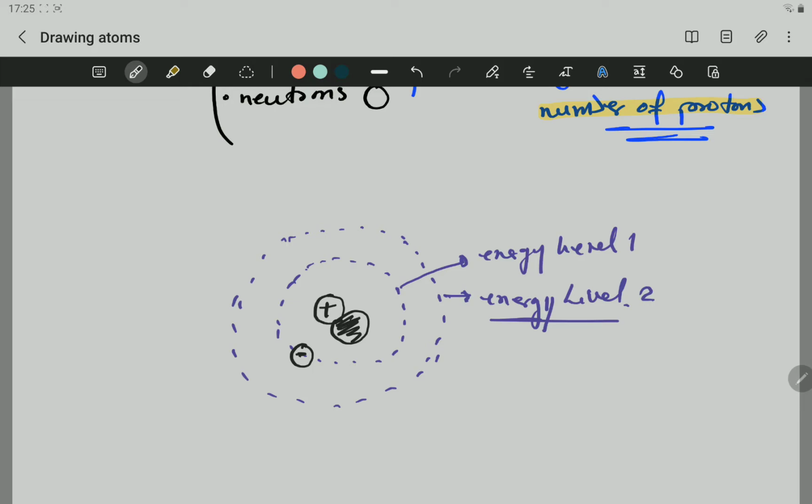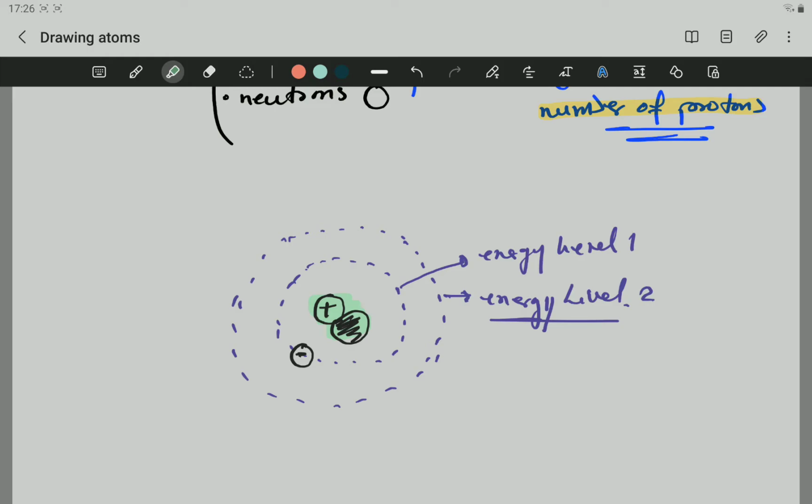So we need to know the nucleus, which is the central part of the atom. This part will have the protons and the neutrons, and the electrons are going to move around in a specific energy level. Now, what is important to remember here?